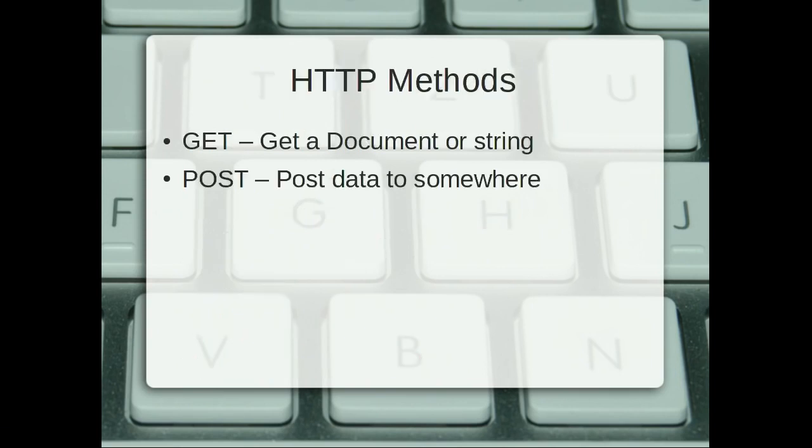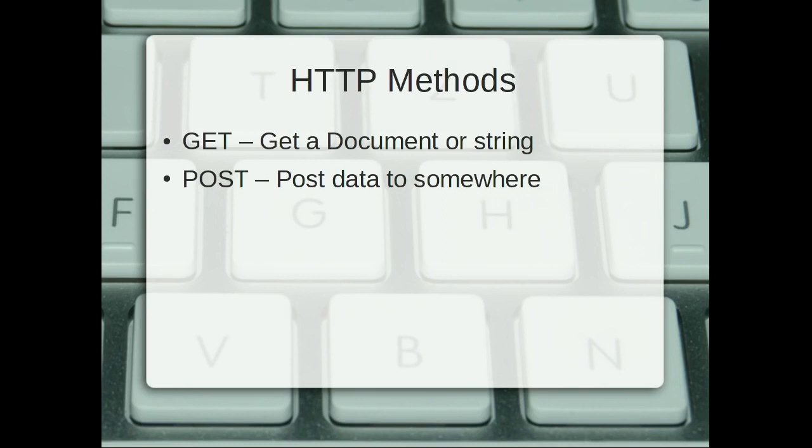Moving forward, let's briefly talk about HTTP methods, because we're going to be using those buzzwords as we go through. The GET method is part of the HTTP protocol, and it all happens behind the scenes, but we're going to take a look at how they actually work.